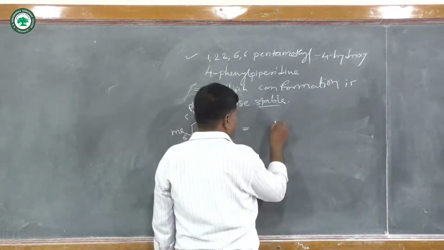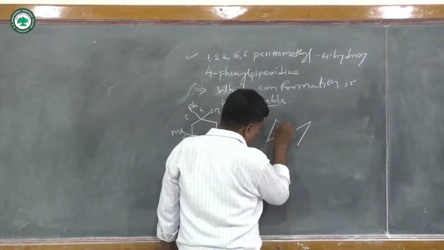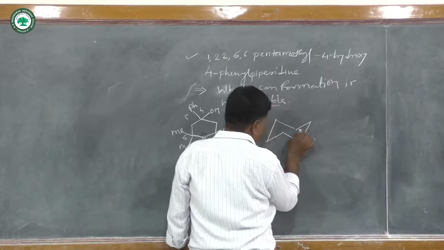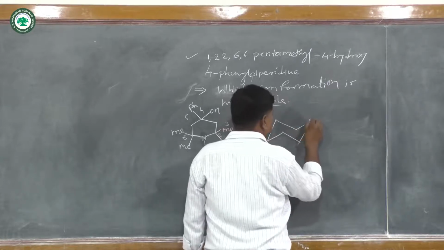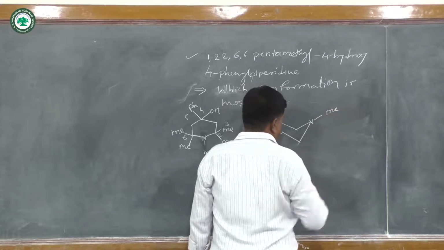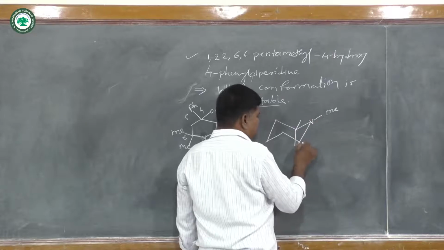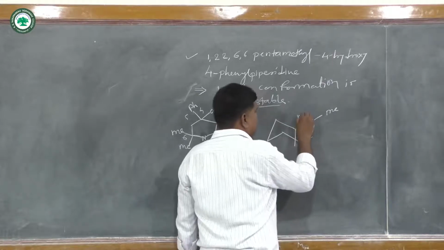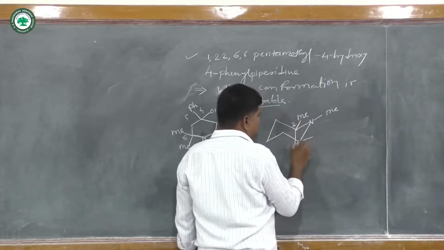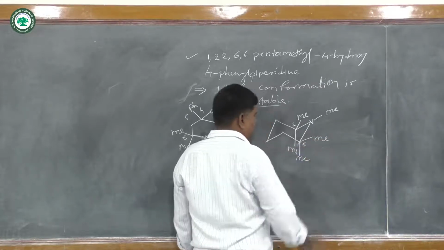So here my structure looks like this. Suppose this is the first position and 1-methyl is present on that nitrogen. Then these are the 2nd and 6th positions, where both methyls are present.